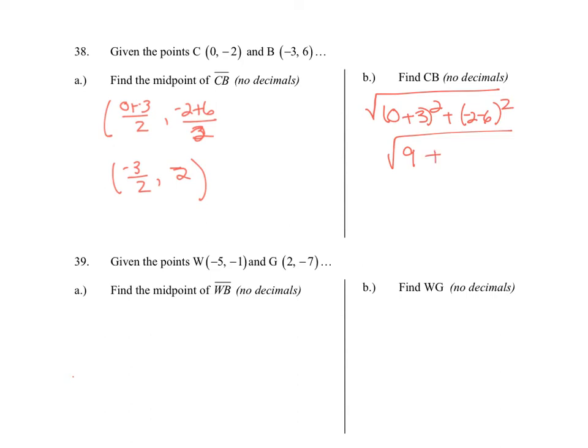So 8, negative 8 squared, 64. That's going to give me the square root of 73. I would check to see if there are any perfect square factors to simplify this. 73 does not have any. And so I have found that this is my midpoint and that is my distance.